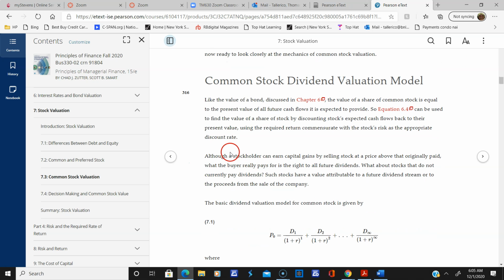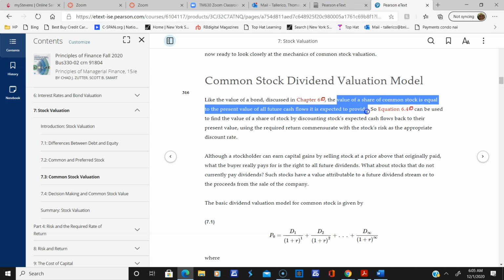All right. So the common stock dividend valuation model is the first one we're going to do. What we should all know is that it's like how we valued a bond previously. The value of a share of common stock is equal to the present value of all future cash inflows it is expected to provide.